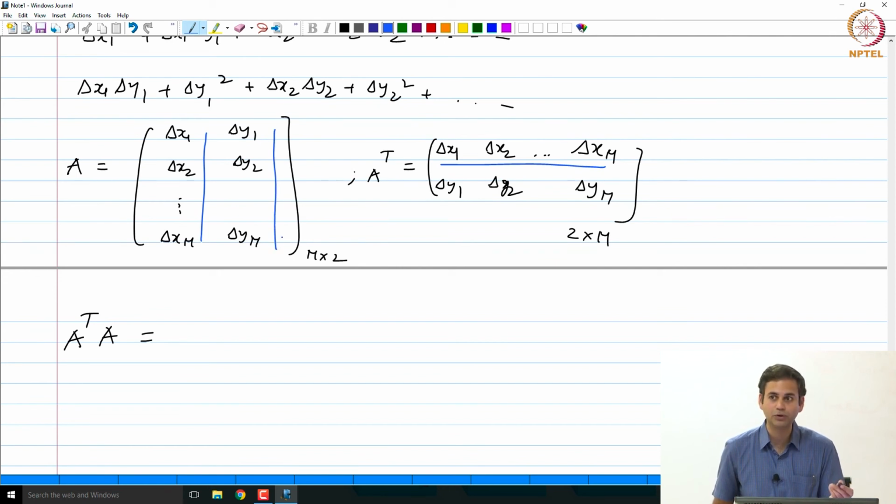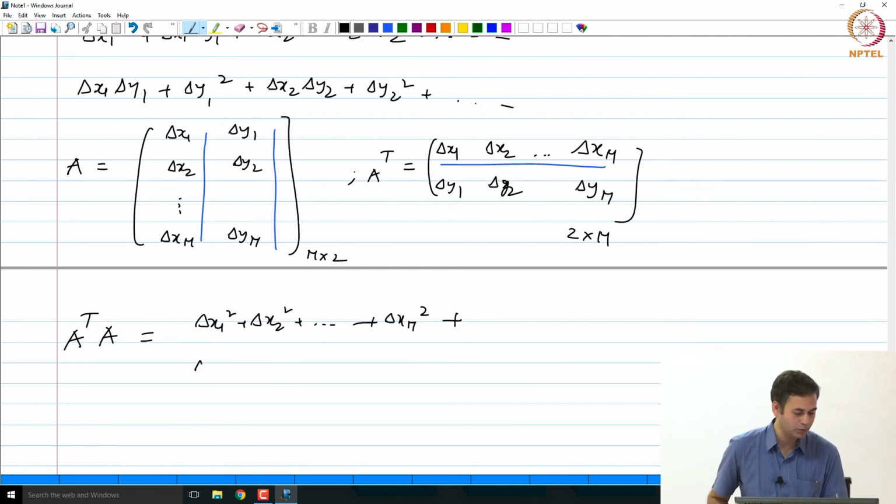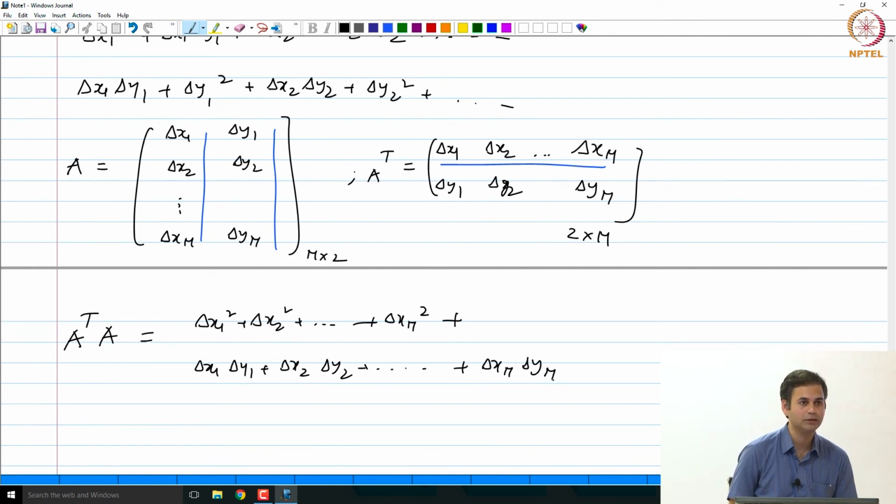That is your first row. A transpose A would give you delta x 1 square plus delta x 2 square and so on, delta x m square, plus the first row multiplying the second column, which gives delta x 1 delta y 1 plus delta x 2 delta y 2, and so on, delta x m delta y m. Do we get that?